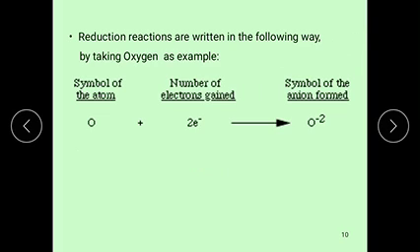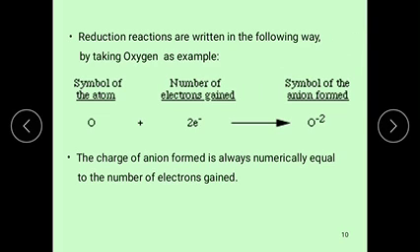O minus 2 means the symbol of oxygen here is O. In the elemental state, its oxidation state is 0. When it converts into O minus 2, the minus 2 indicates the oxidation state of oxygen in the O minus 2 ion, the oxide ion.